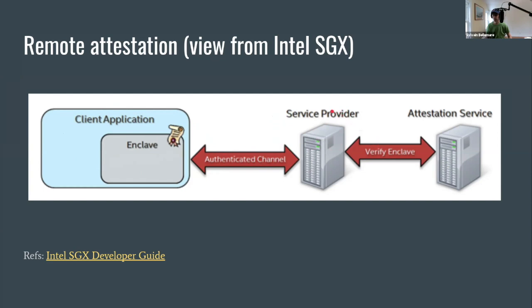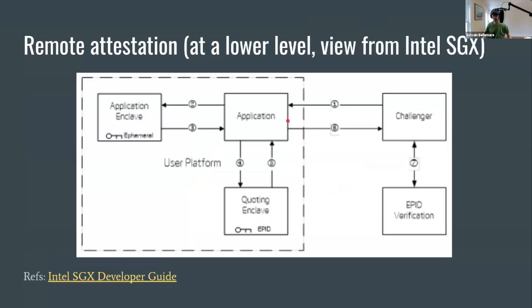Now this intermediate user, this client, is going to need to verify with an attestation service whether the enclave is legit. At a bit of a lower level, on the machine there's this application enclave, which is the secure, trusted part. There's the untrusted application. Then there's this quoting enclave.